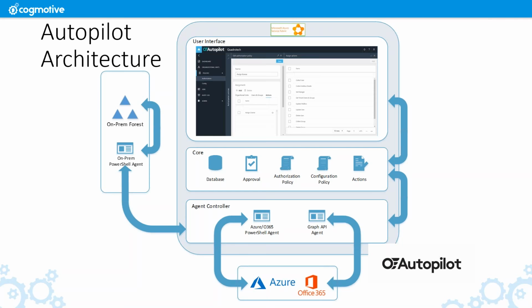He just sees my object, he updates my phone number, and then what happens is the core will send that change to the agent controller. The agent controller will say, okay, I know that Greg, his account is a cloud-only account. I'm updating the phone number, so I'm going to use the Graph API agent to do that.